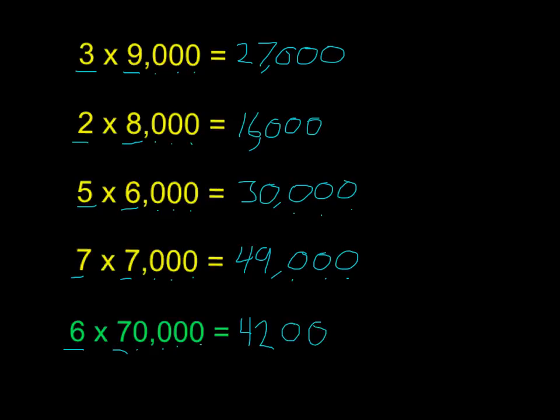Then we're going to come over every 3, so we count over 1, 2, 3, and right here is going to be my comma. So we get 420,000. 6 times 70,000 is 420,000, or 42 ten-thousands. And that's basically how we multiply tens, hundreds, and thousands by a single digit.